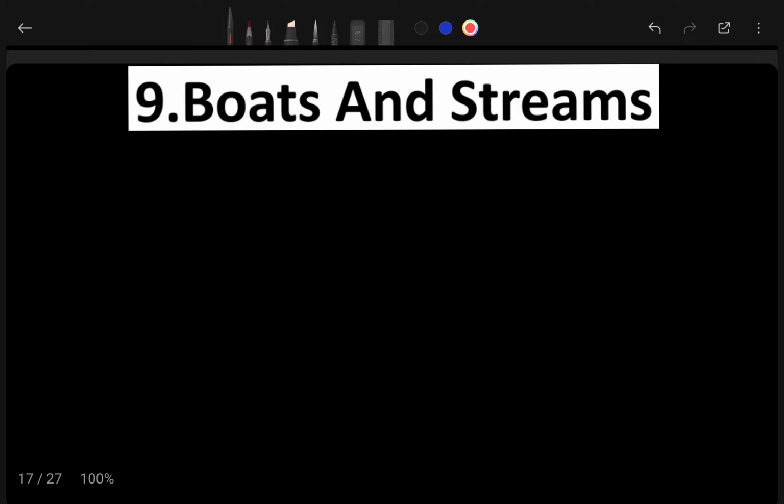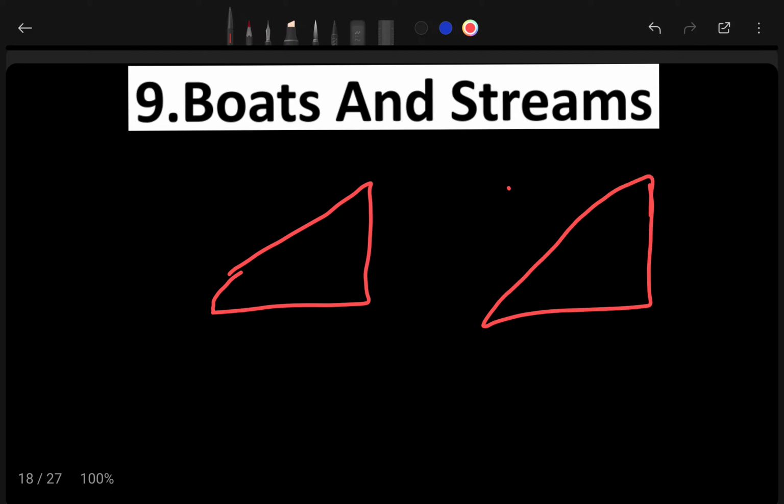This is one more concept. Simple, dude. Here there will be only two scenarios. There will be a guy who is traveling in a boat. Everyone knows in waterfalls the water comes down due to gravity.